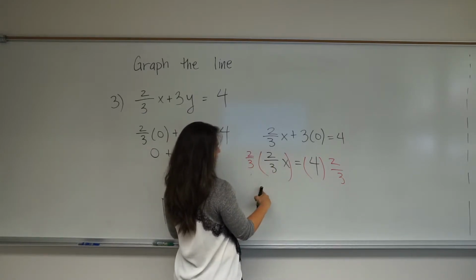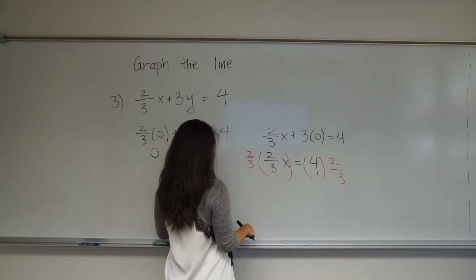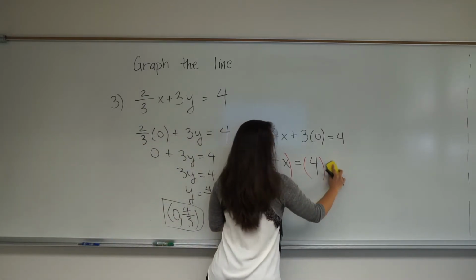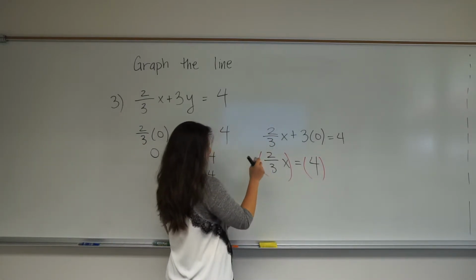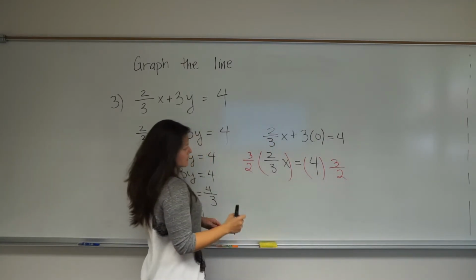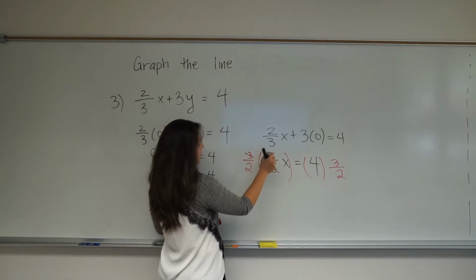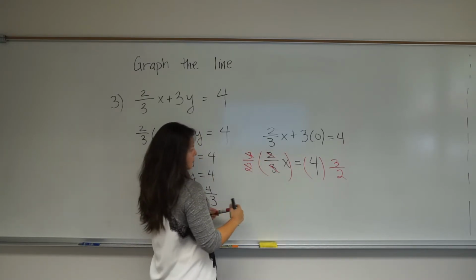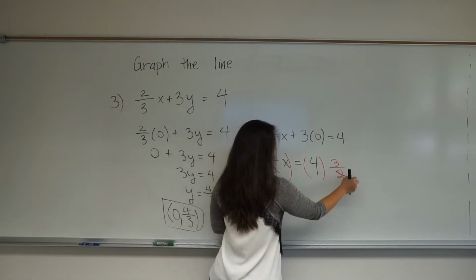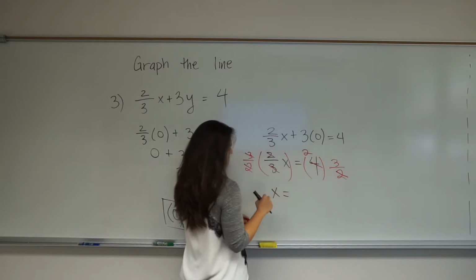I said reciprocal of 2/3, not multiplied by 2/3. So we flip the fraction, like this, because these 3's will cancel, these 2's will cancel, and we'll just get x on the left side. And here we have 2 goes into 4 twice.